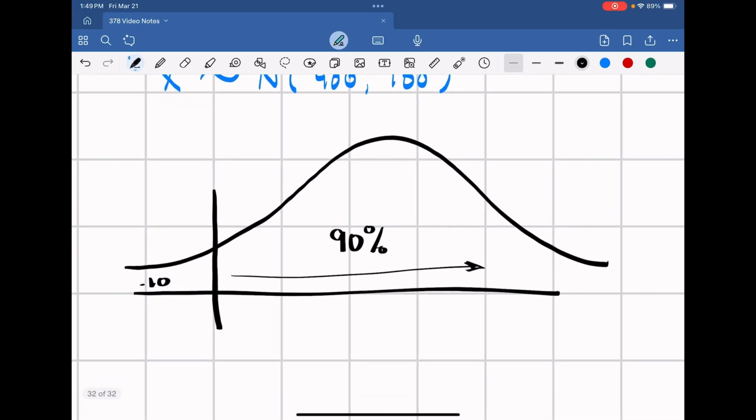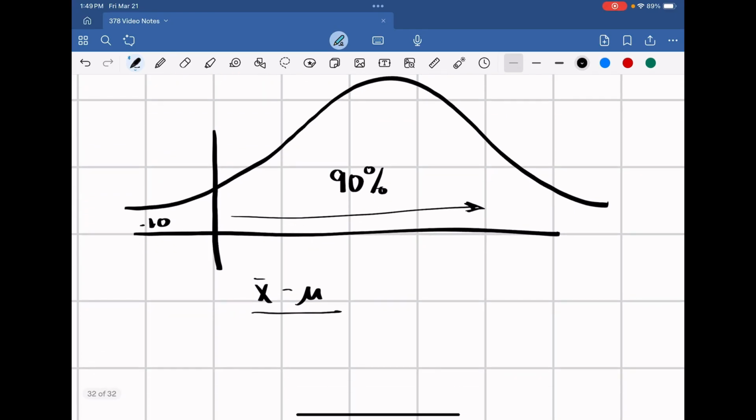What I know then is that X bar minus mu over the square root of sigma squared over n will be distributed normally with a mean of 0 and standard deviation of 1. If this is the case, then I can look up the z-score for 10% on our table.